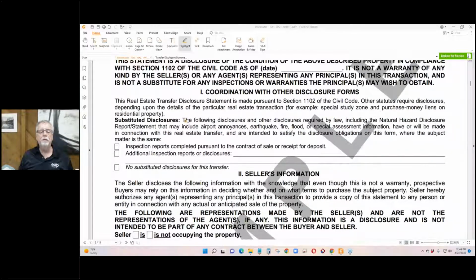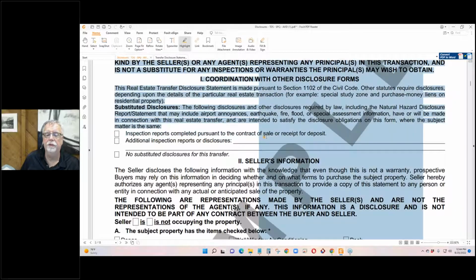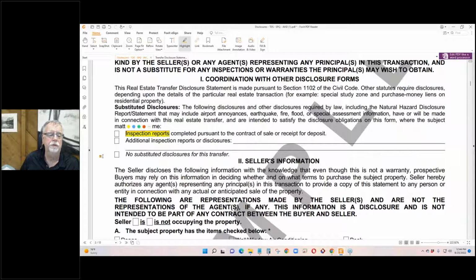So one of the parts of this that I find very confusing, and there's some reasons why it's here, is the section where there are some boxes to check and you can write in. For example, it's asking about other or additional inspection reports.